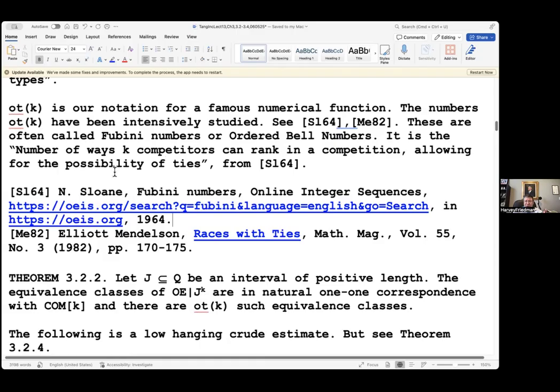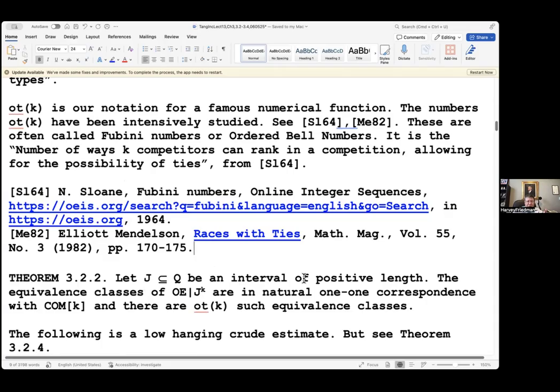There might be 3 horses that came in third, for example. There's a little expository paper called Races with Ties that I mentioned. But this goes back to Fubini. It's kind of old and has a lot of connections with combinatorial mathematics and even analytic mathematics, with power series and so forth.